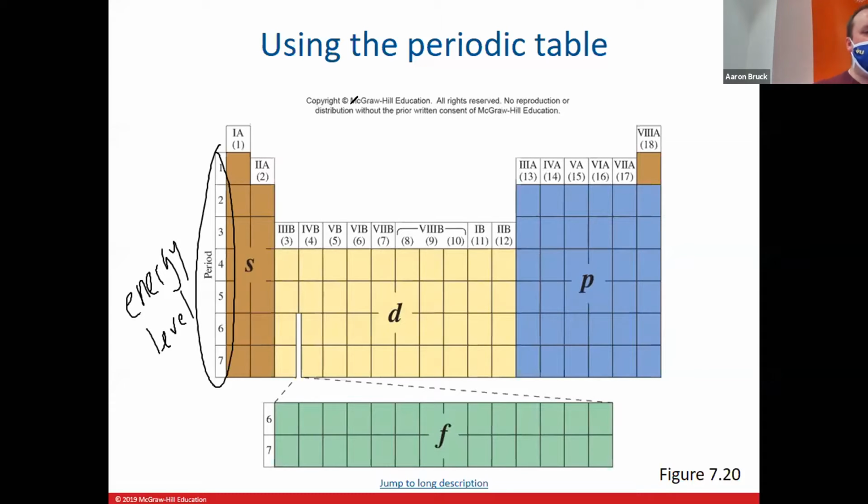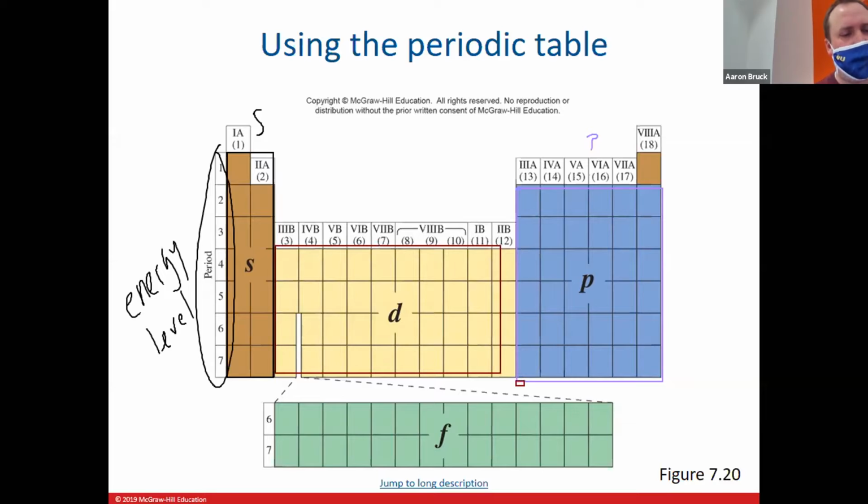And then these different zones of the periodic table. I've got the S zone here. I've got the P zone there. I've got the D zone here.